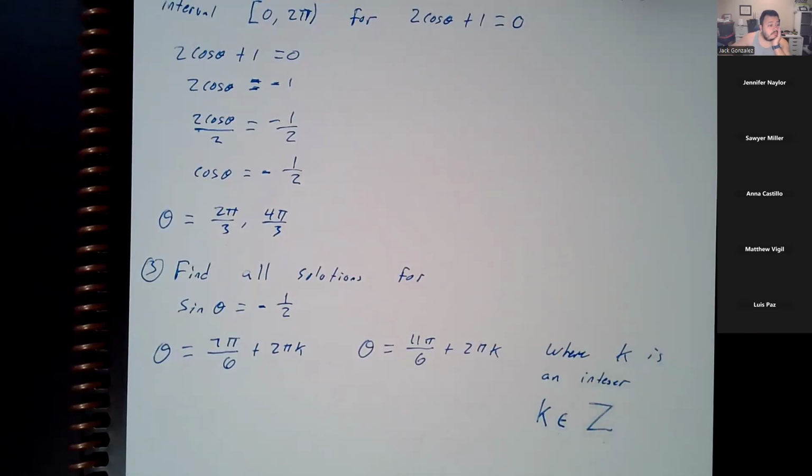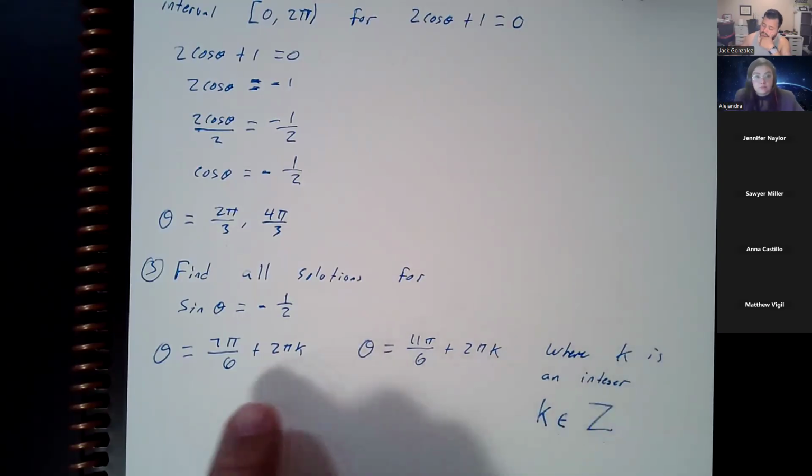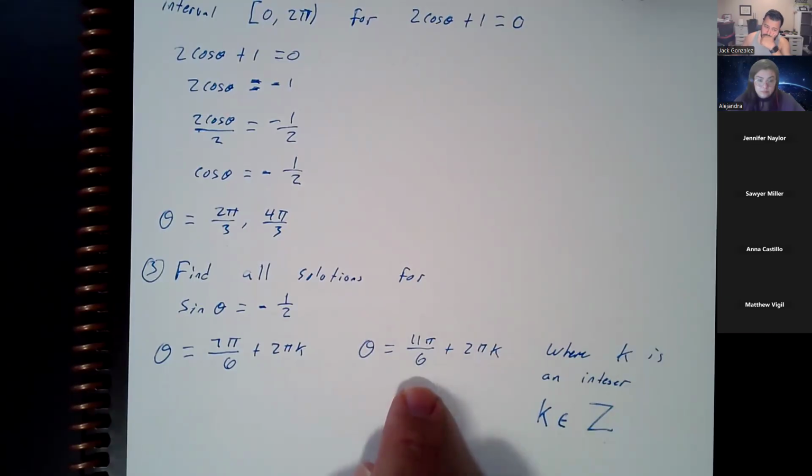Yes, Alejandro? Oh, that's just the clappy symbol. I couldn't tell if that was a wave or a hand raised. My bad. Would we use "or" here to write this set, because they're distinct sets? Correct.